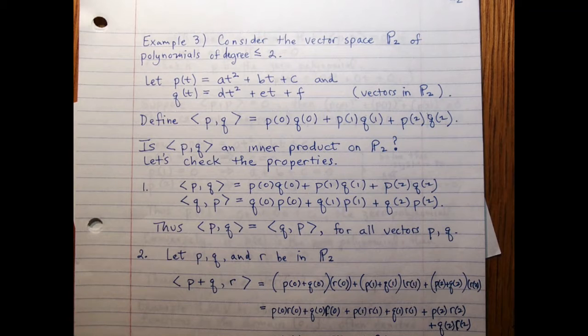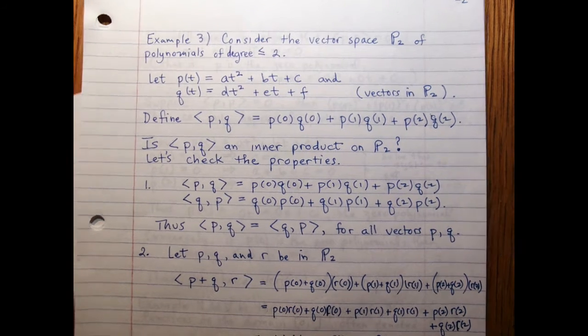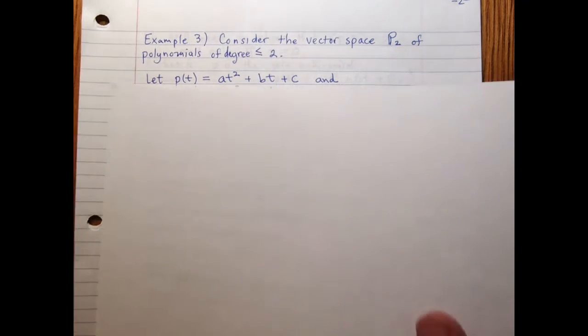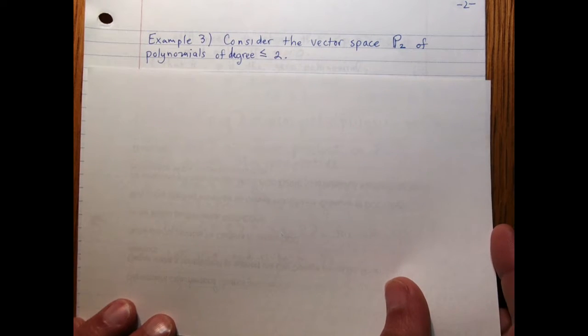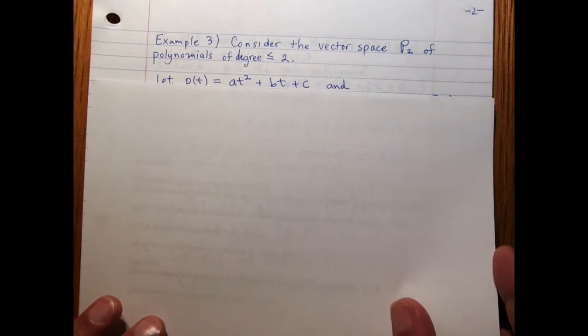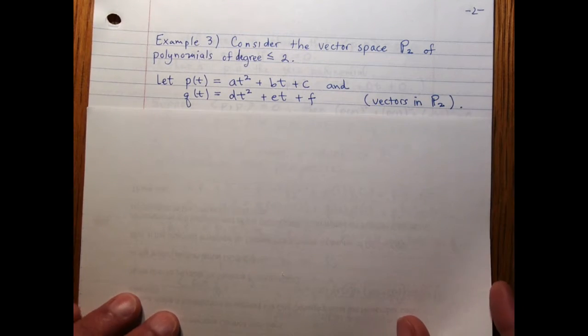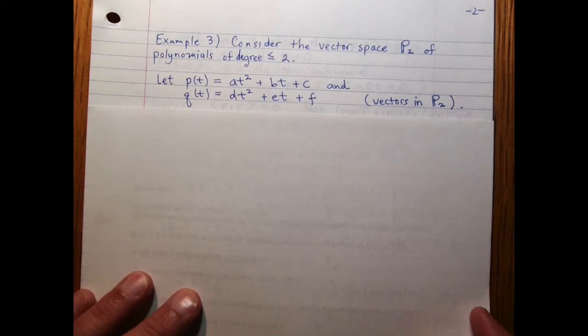Here's another example of an abstract inner product. Consider the vector space P2, polynomials of degree less than or equal to 2. And I just happen to write down here two typical members of P2.